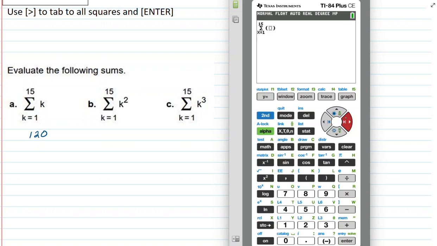Oops, sorry. There we go. X squared, and enter. How are we doing? Okay. Is all good? Am I clear? Okay.